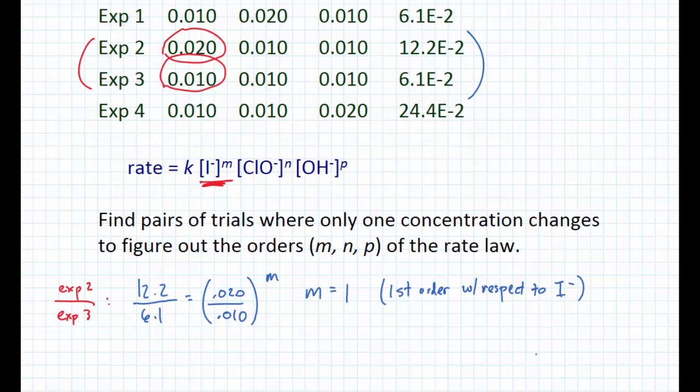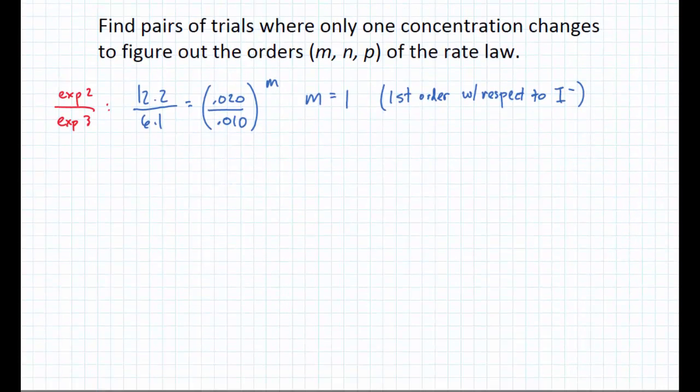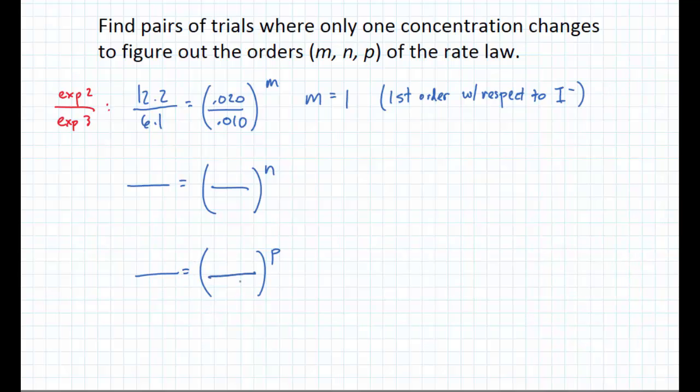So here we've got just a few minutes left. Why don't you see if you can find the relationships that can have n being the only thing that changes, and then p being the only thing that changes. Let's see if you can figure out those.